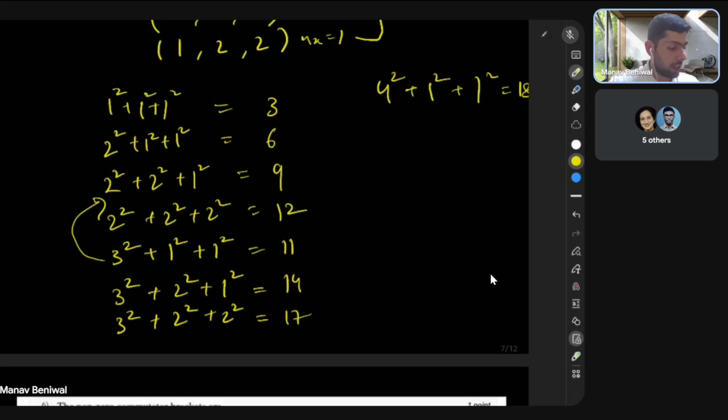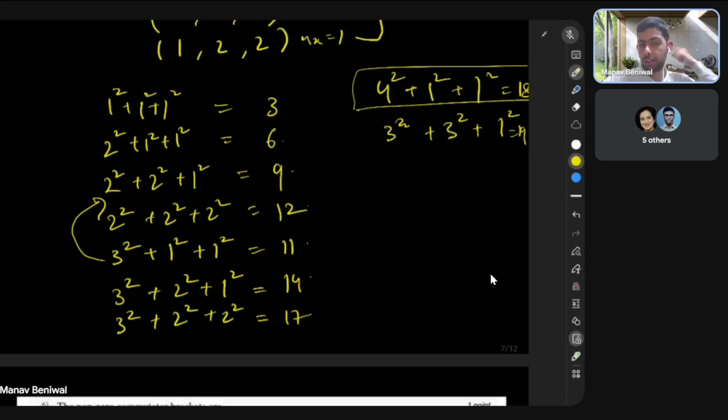And then again 3 squared plus 3 squared plus 1 squared gives you 19. So let's say this is your ground state, then second, third, fourth, fifth, sixth, seventh, eighth. So this is your 8th energy state. Okay, thank you.